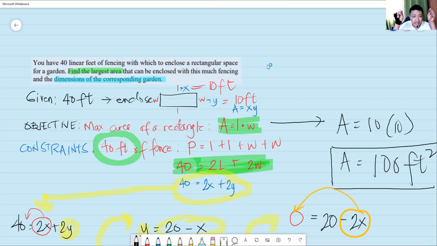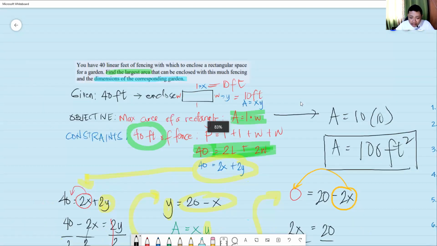Ang tanong, does a square have two pairs of opposite sides that are congruent and parallel? Yes or no? Yes. And then does it have right angles? Yes. So therefore, a square is a sub-variant of a rectangle. Tandaan niyo po yun, ha?